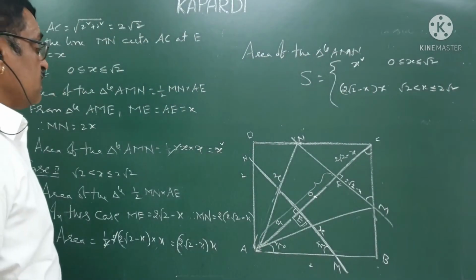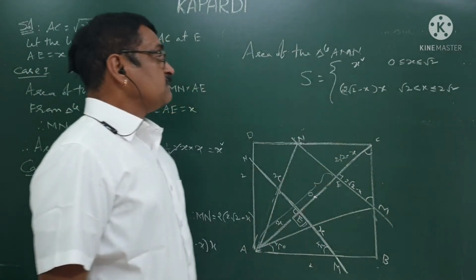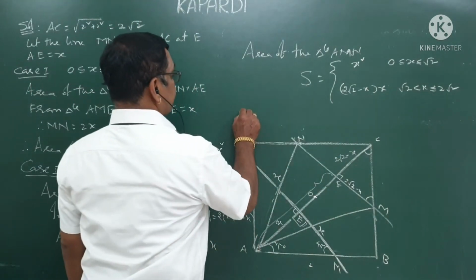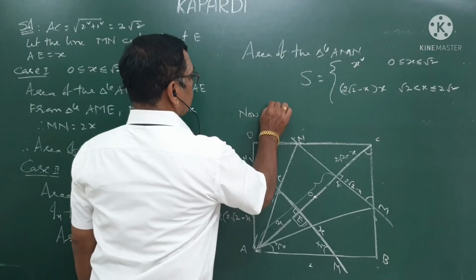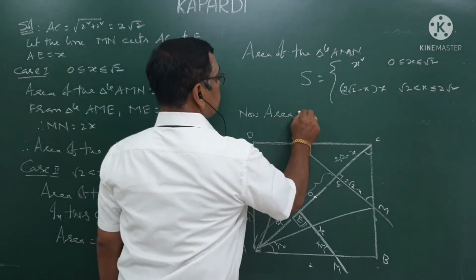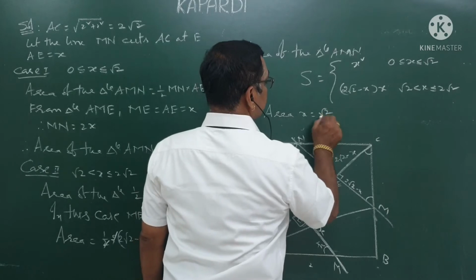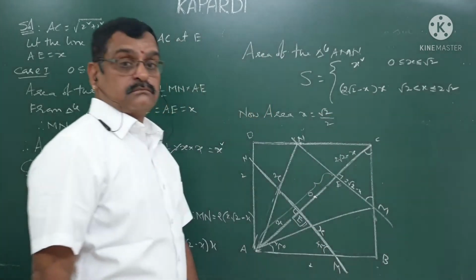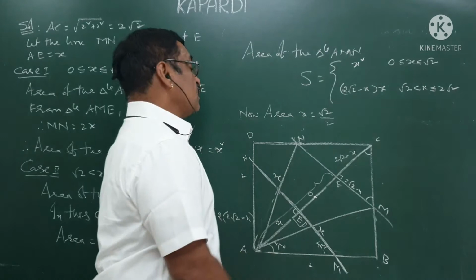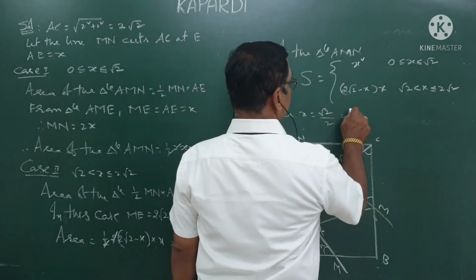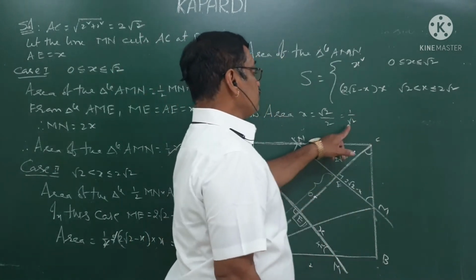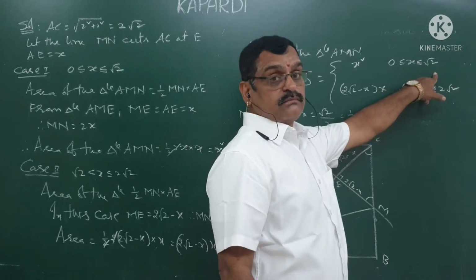So that was over. Now we want the second one, area. Now second part, area at x is equal to root 2 by 2. Root 2 by 2 is nothing but 1 by root 2. 1 by root 2 is less than root 2.